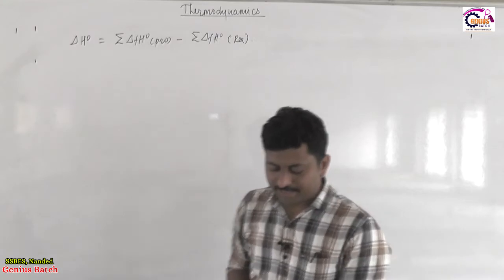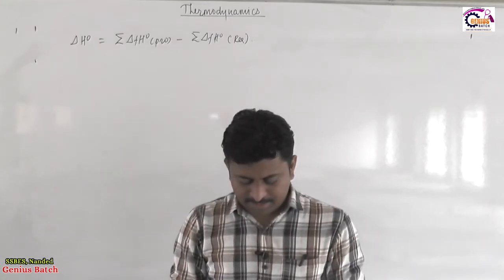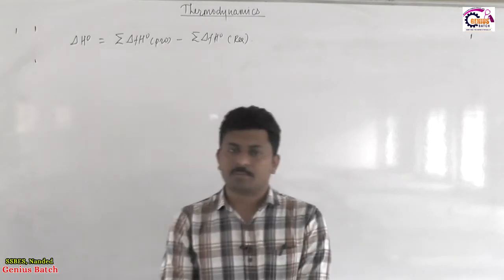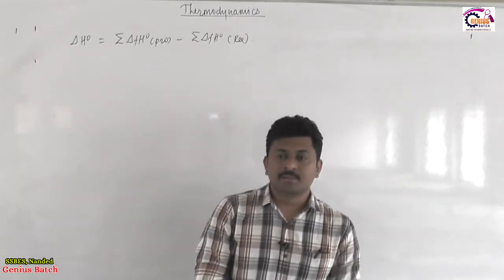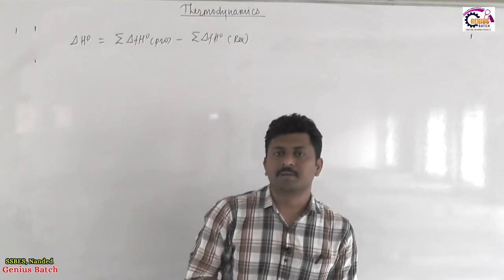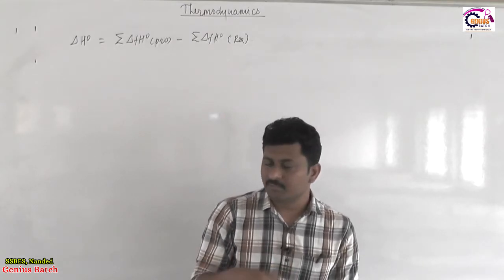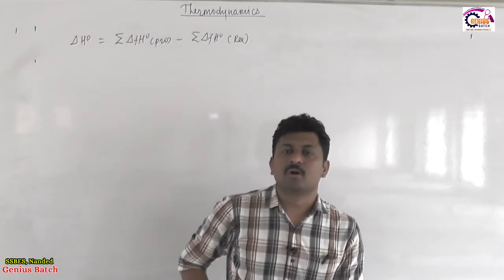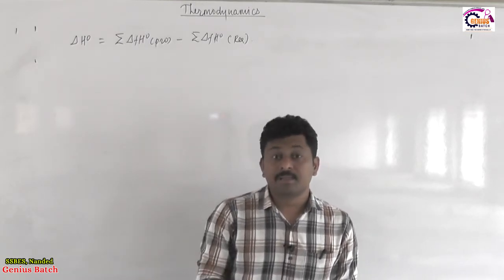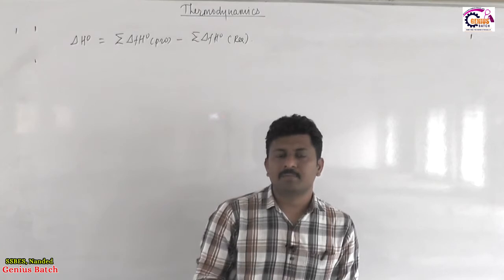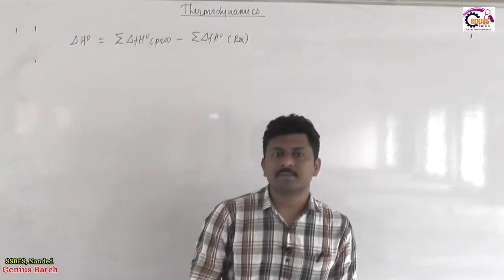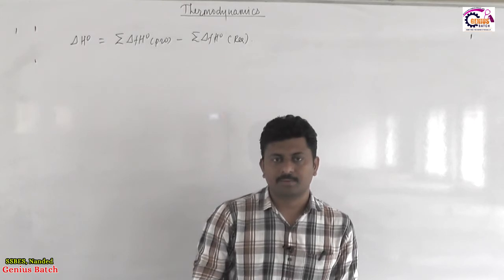Sometimes the data will be given directly, that x, y, z some values are the formation enthalpies, and sometimes chemical equations will be represented which are basically formation equations. We need to choose whether they are standard or not, and if they are standard then the enthalpy of that particular reaction can be used as a standard formation enthalpy.